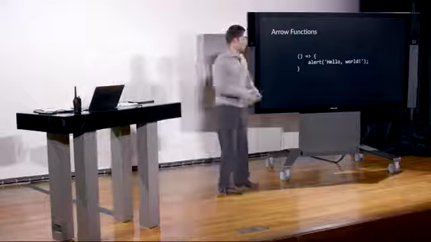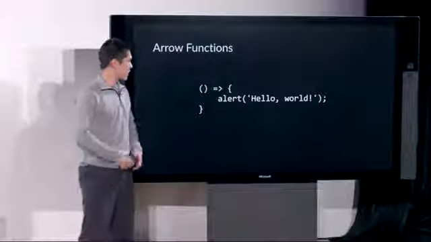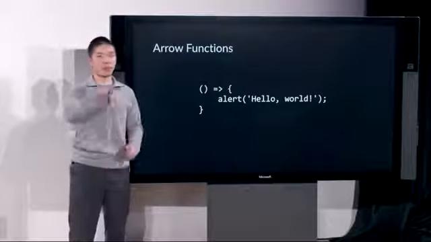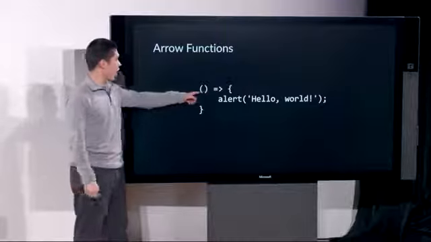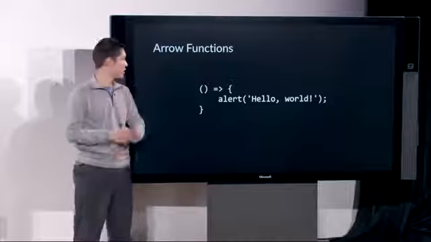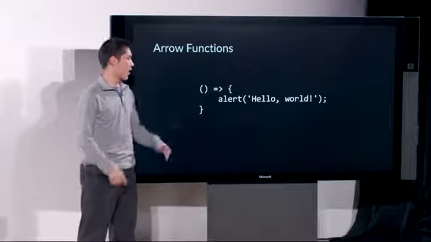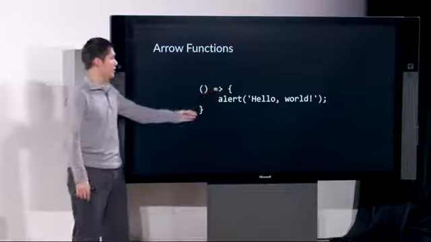This is an example of an arrow function that takes no arguments. In particular, an arrow function is defined without the use of the word function. Instead, it just has any arguments the function takes, with empty parentheses meaning no arguments, followed by =>, an arrow, meaning take this as input, and then run this code.